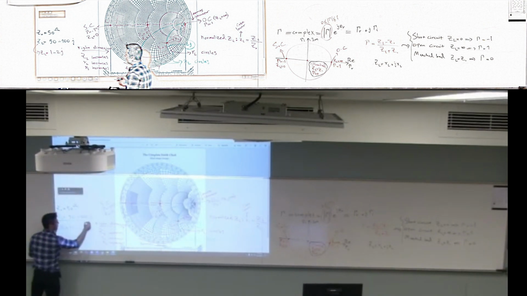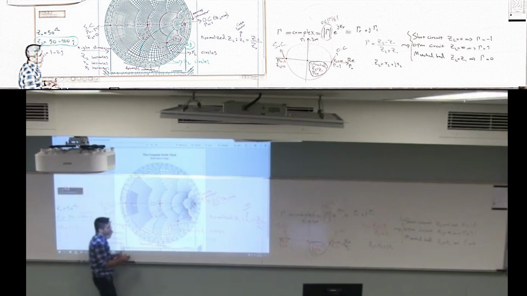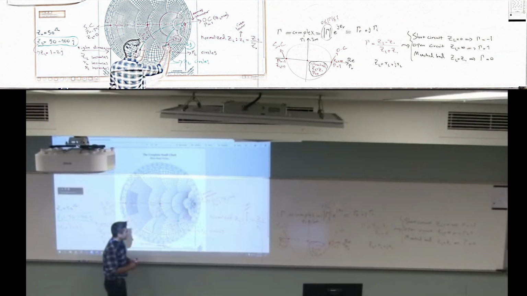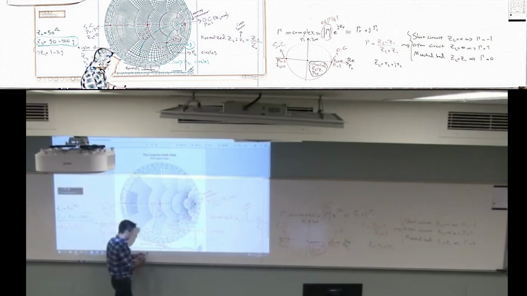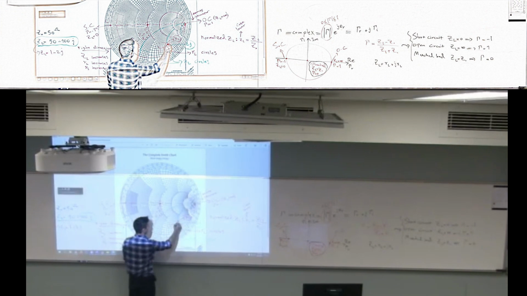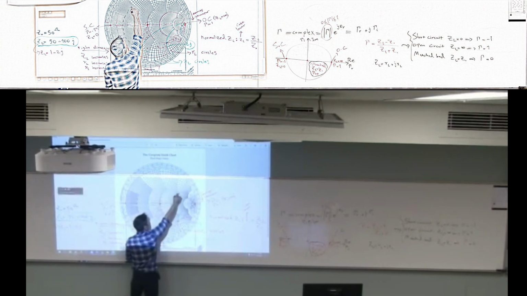We found ZL, and we draw a circle like this, just to be able to move around this line.